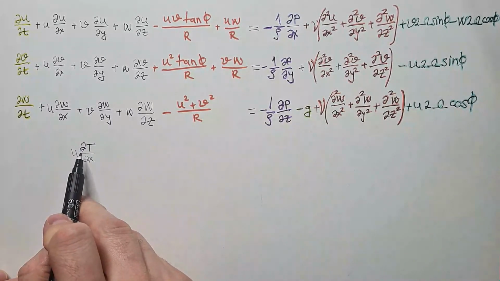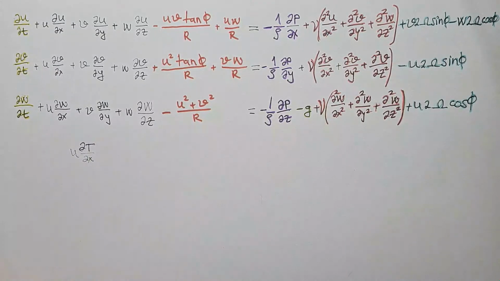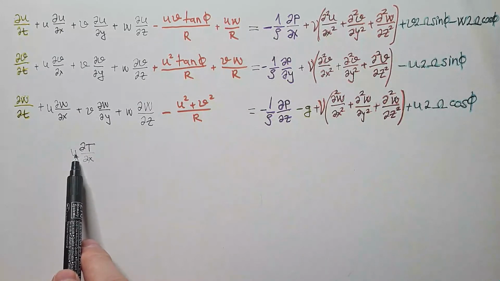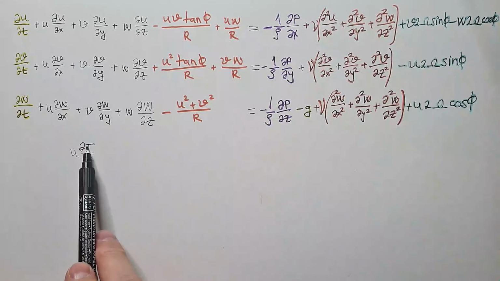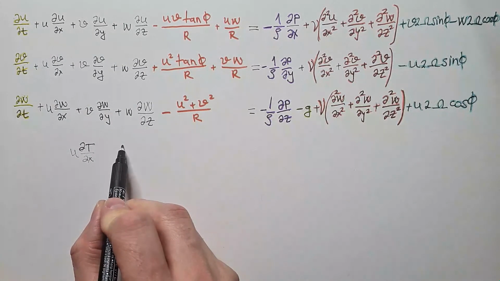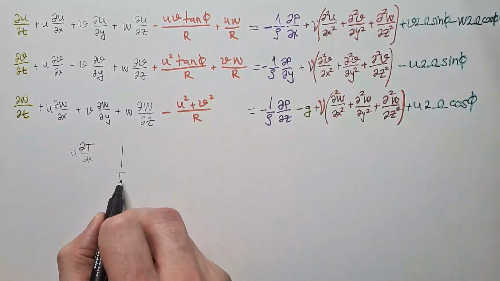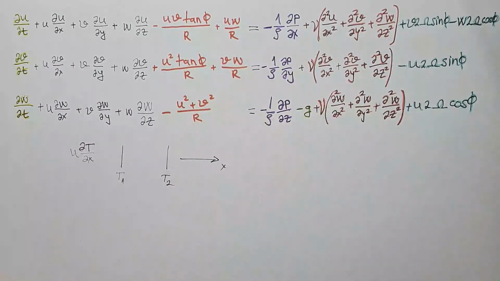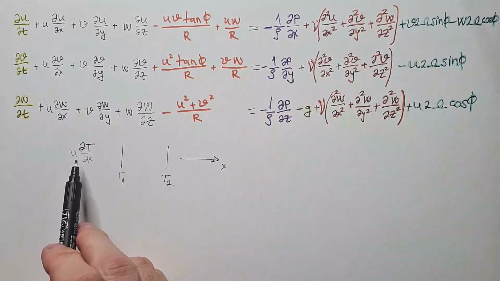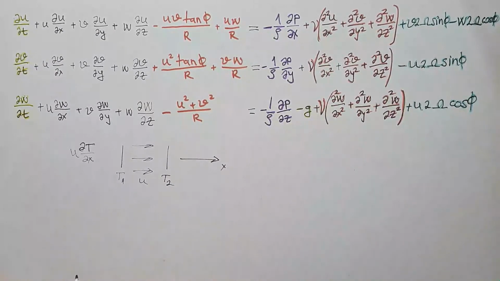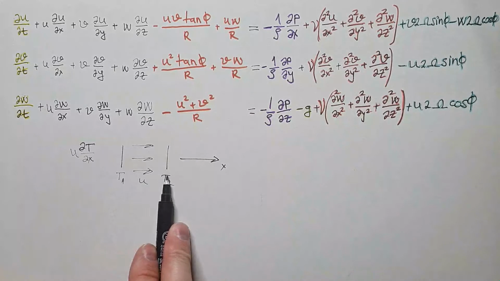Now, this is still difficult to comprehend in our brains, but at least what we can imagine here is the following. The u component of wind is advecting temperature field across the x direction. So, if you have here, let's say, temperature T1, here you have temperature T2, and this is my x direction, and the wind is blowing like this, then the wind is advecting temperature field.